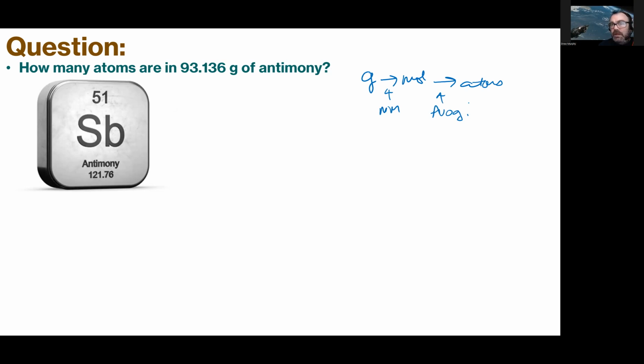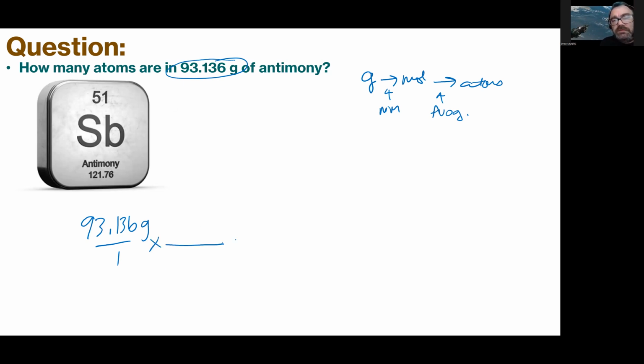Okay. So start with what we're given to set up the problem. This is the grams of antimony we have: 93.136 grams. Again, it's going to stay antimony throughout the problem, so we're not going to need to write antimony on every number here. Okay, grams to moles.